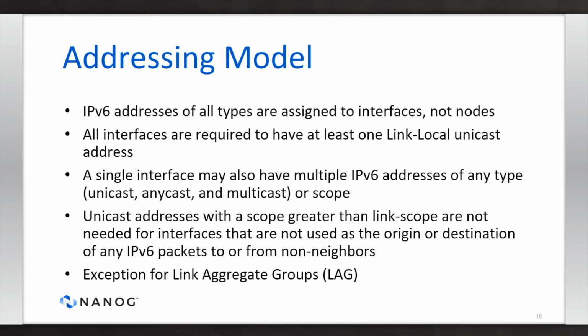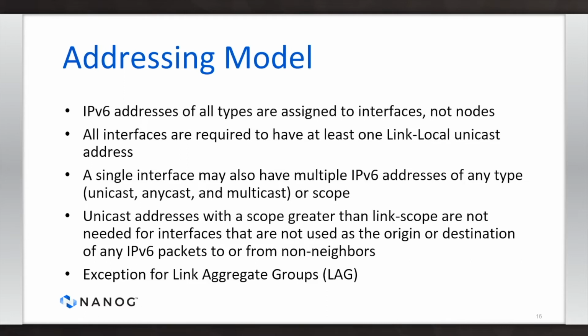So let's say for a minute you have a router, and the router has a loopback address. It consumes packets, so it needs say a GUA address. But all of its interfaces, they can actually get away with having just link locals.